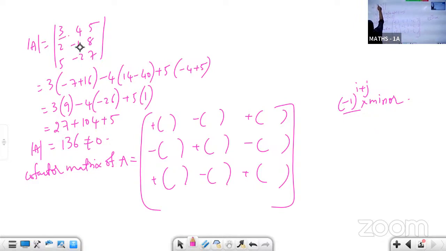Now, the minor of 3. Leave the row and column in which it is present. So, minus 7 plus 16. Correct? So, minus 7 plus 16, what am I going to get here? 9. Is it clear? Like that, here I am going to get, means leave the row and column in which it is present. Is it clear, everybody? Right.